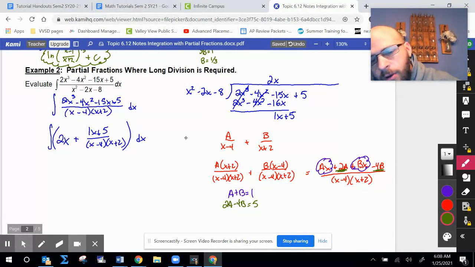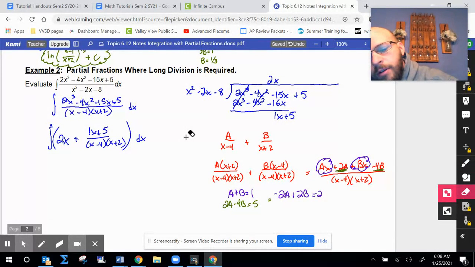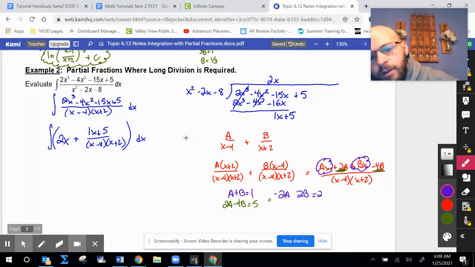All right, so now I can do a little elimination. 2a plus 2b equals 2. Let's make that negative. Multiply everything in that first equation by negative 2 and leave the bottom equation the same way.